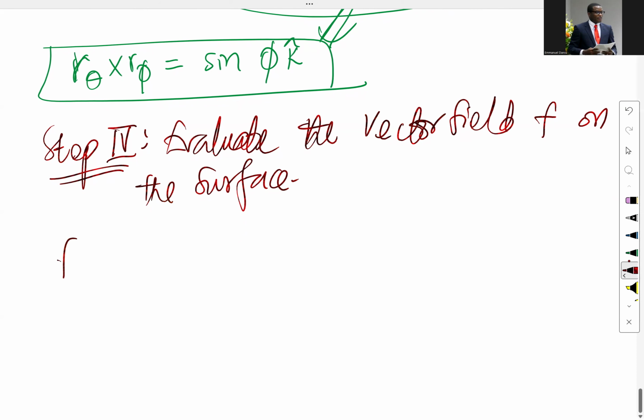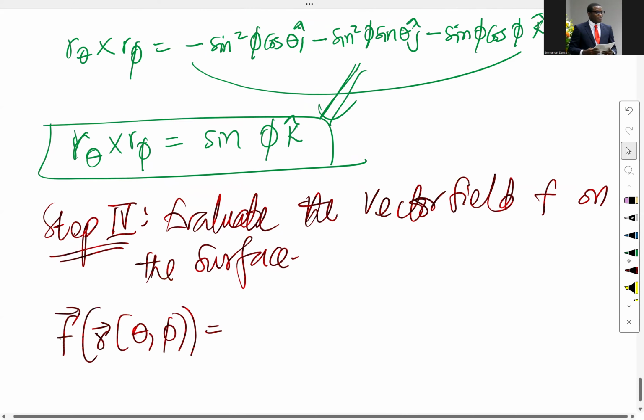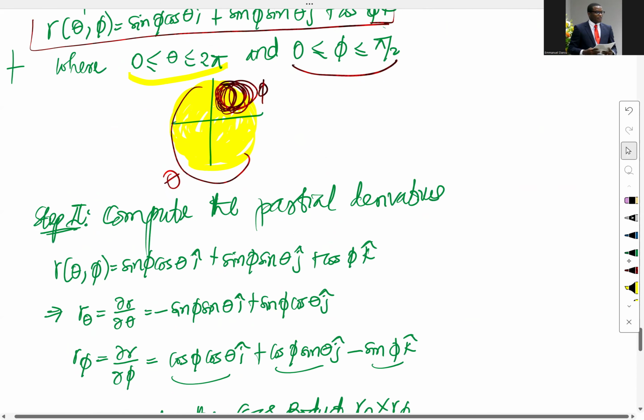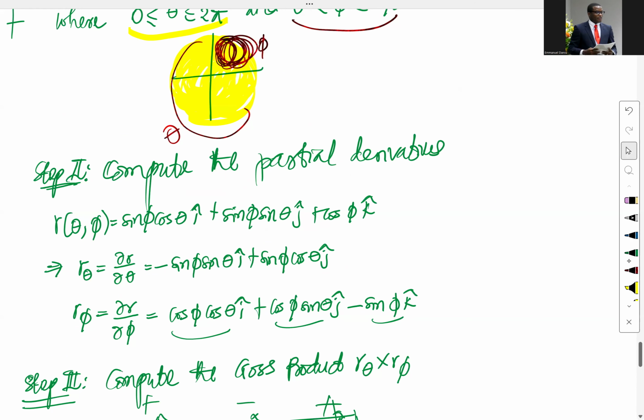we have F of R, which is a function of theta and phi, and all that is equal to, let's see, where did the surface start from? Okay, I think this is going to refer to this whole thing now, right?